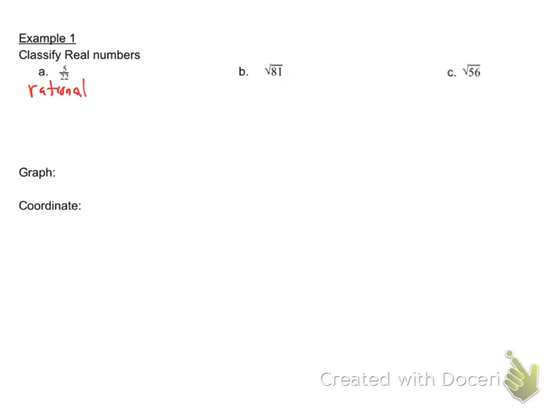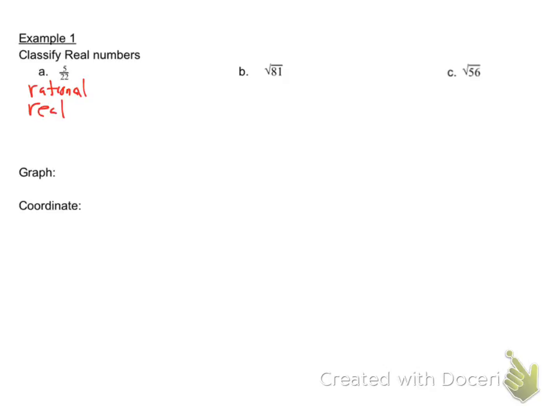But since it's rational, therefore it also has to be what kind of number? What's the very broadest thing that we have? The very broadest thing we have is that they are real. So it has to be a real number, so you have to list that too. So it's real. It's rational.